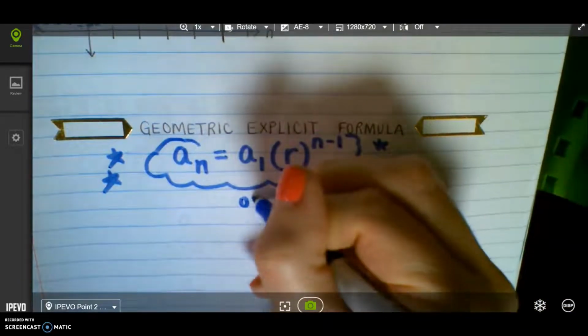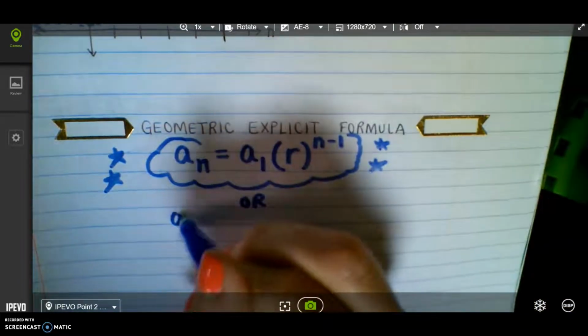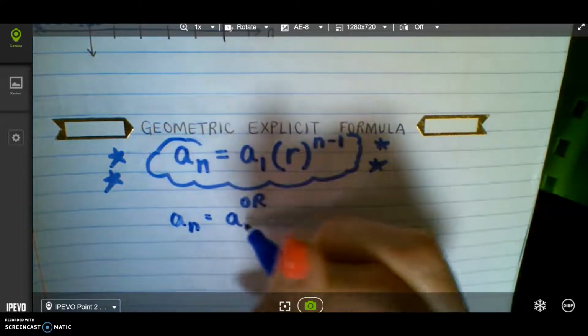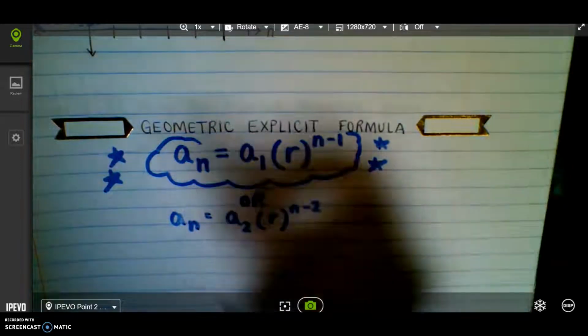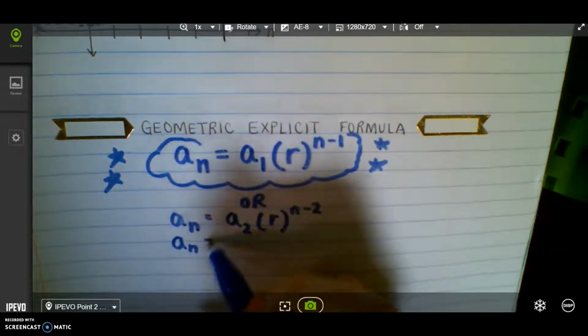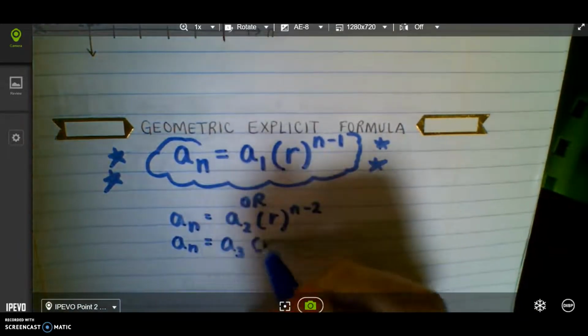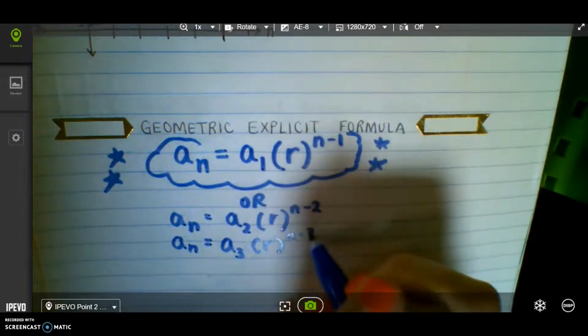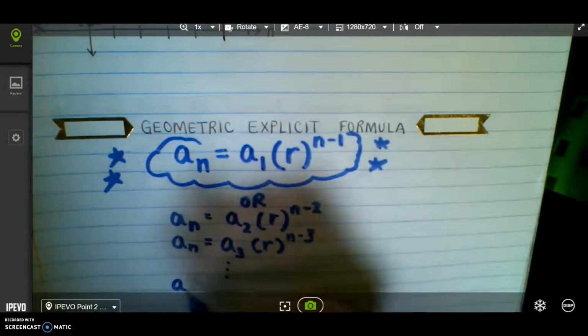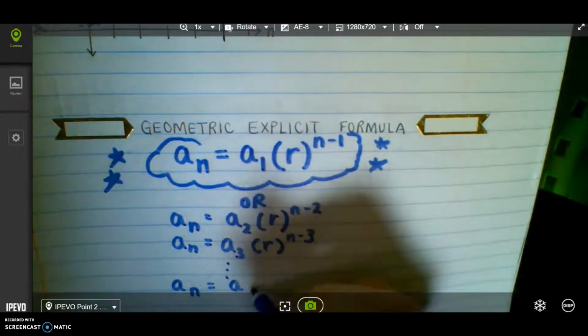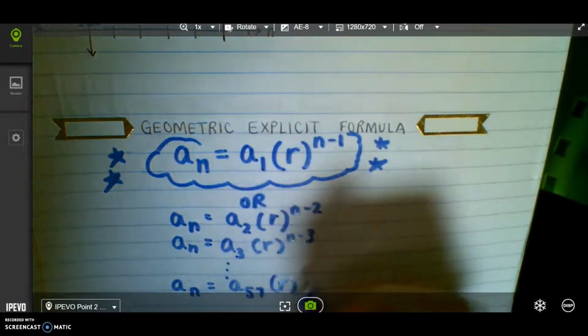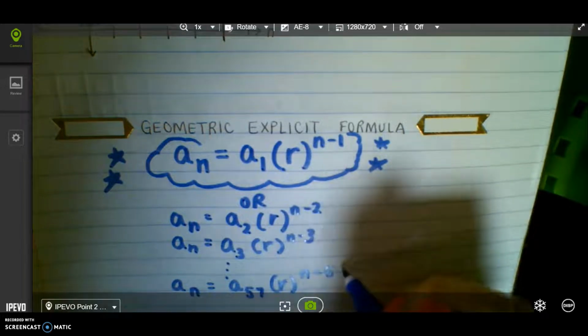There are other forms. A sub n equals the second term times r to the n minus 2. A sub n equals the third term times r to the n minus 3, and so on. A sub n equals a sub 57 times r to the n minus 57.